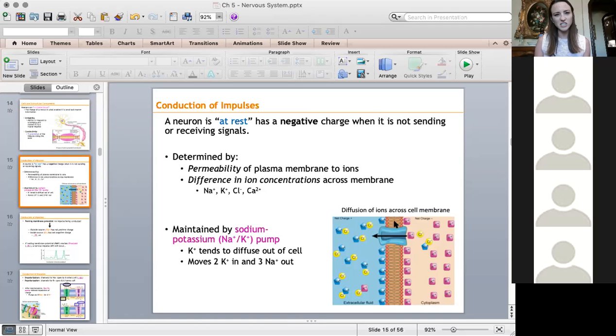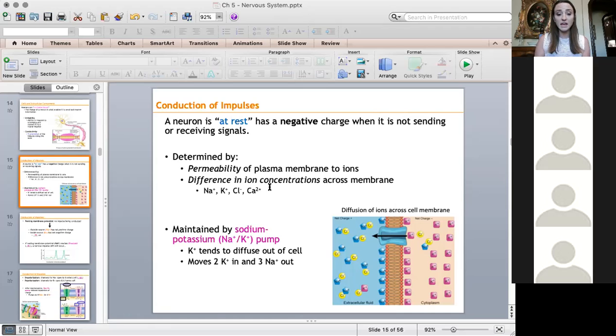We'll look at that in just a second when we talk about the role of sodium and potassium. This here talks about permeability. What is permeability? The ability of ions to move across a plasma membrane, due to differences in ion concentrations. This is where we get into concentration gradients and how that also helps the action potential to be conducted, or the impulse to be sent.